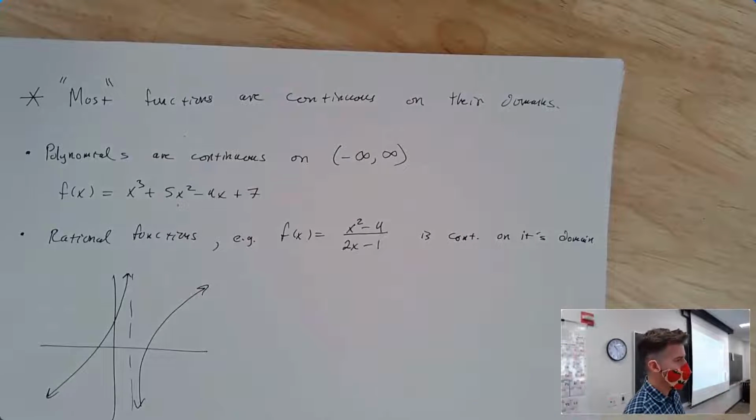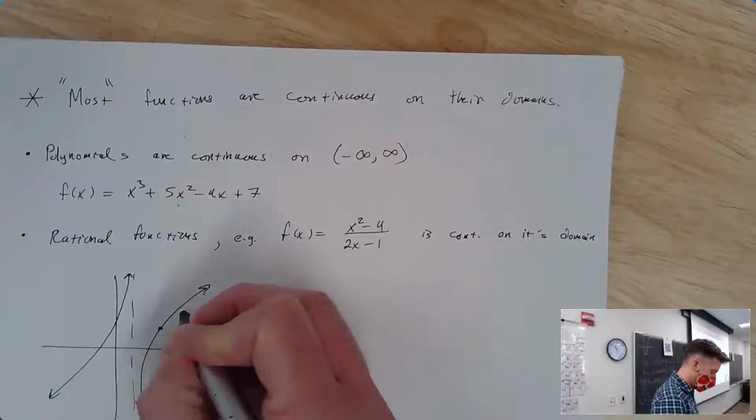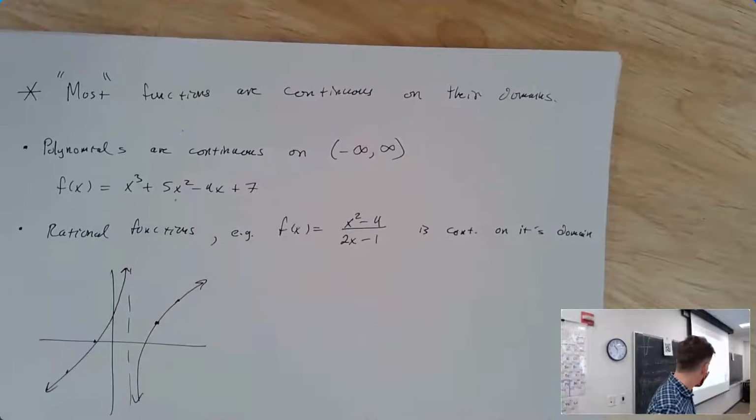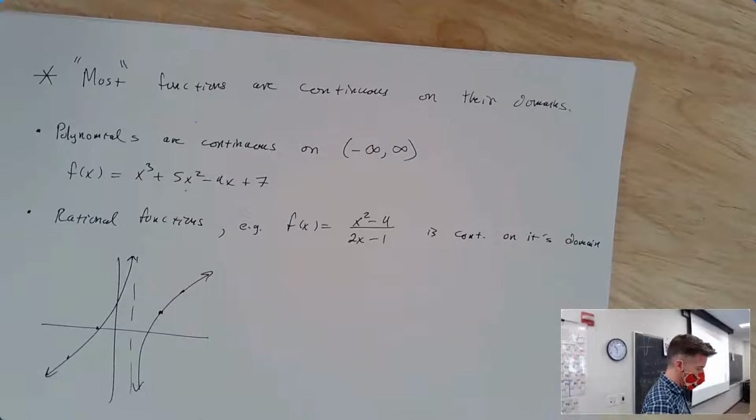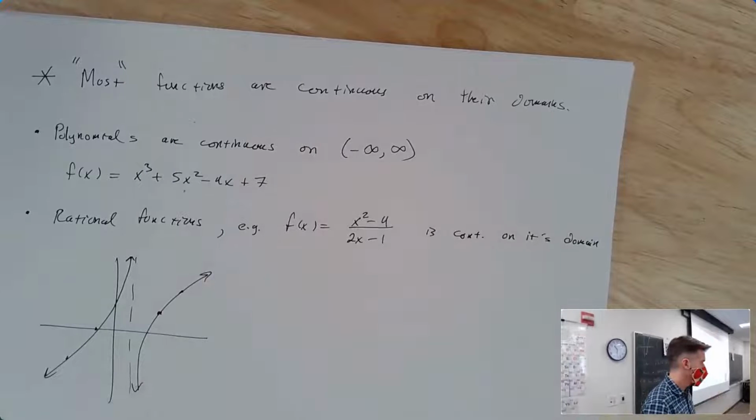It probably looks different than that, and I'm not super worried about it. The whole point is that at any point, here, here, there, all those points, the function is continuous. The only point it's not continuous at is when x is equal to positive 1/2, where it's undefined.